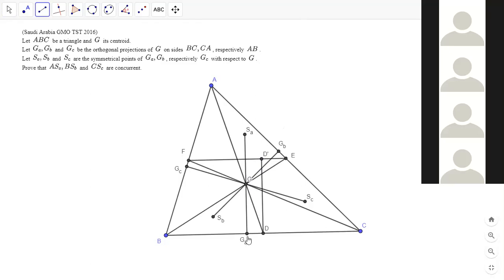So that's going to be 1/3 of the altitude, and we know that this is half the altitude. So you're right, that's very cool. So we have A, S_A, and D prime are collinear. Can you just draw a line through them?